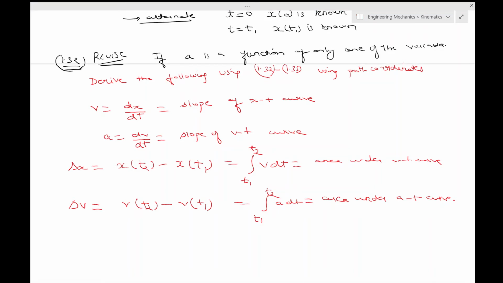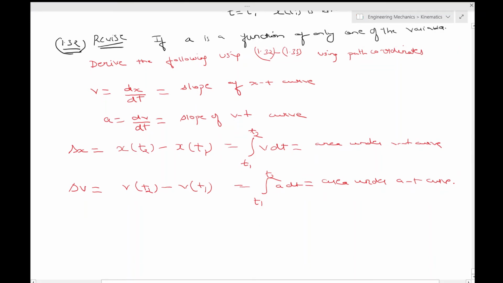Now you can consider a situation where some part of the velocity or acceleration was positive and the other part was negative. How then would you find the distance?